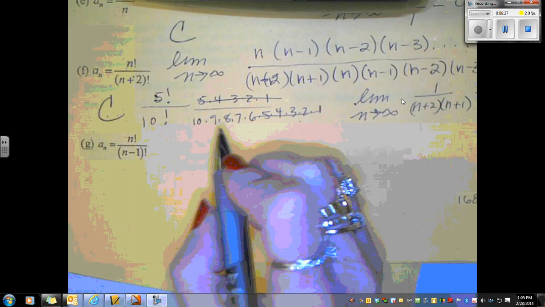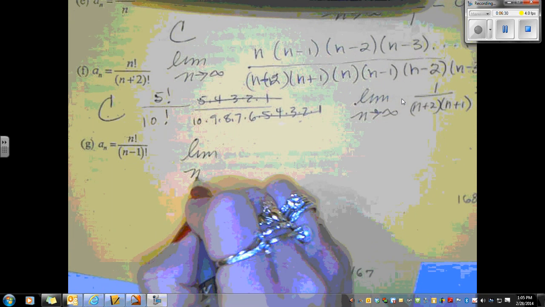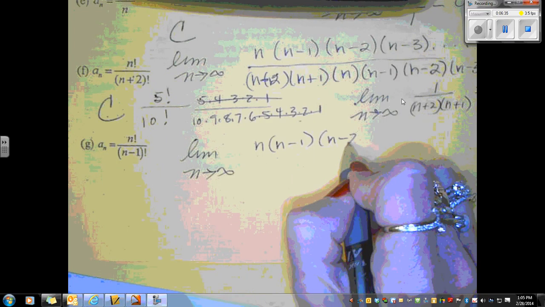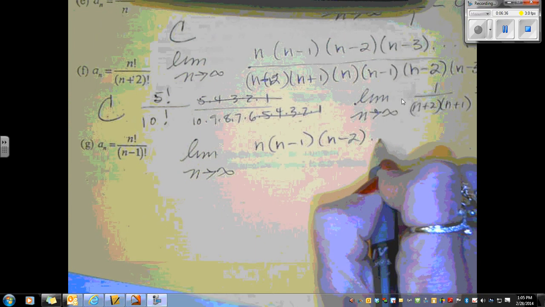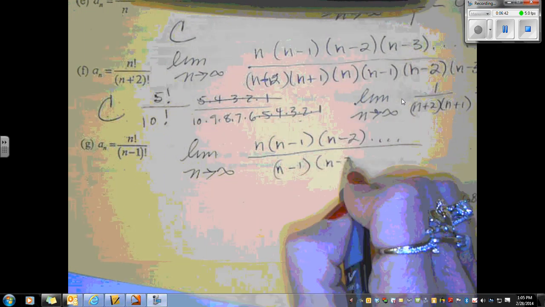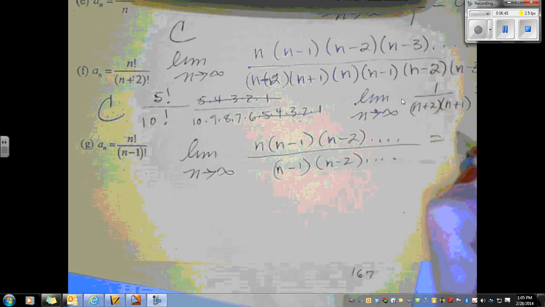Now, this next one, limit as n goes to infinity, n times n minus 1 times n minus 2, etc. On the bottom, I have n minus 1 times n minus 2, etc. So what do we wind up with?